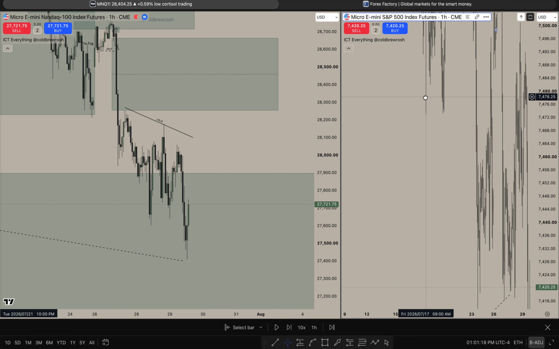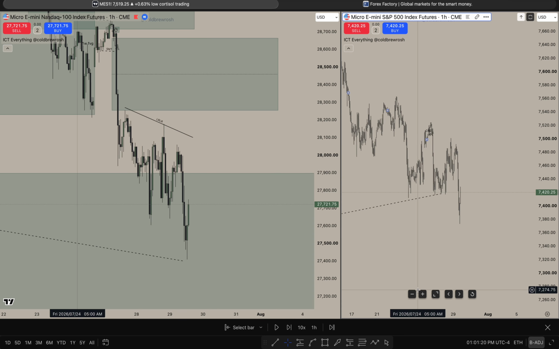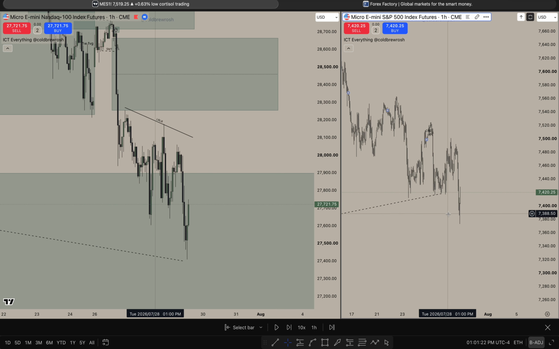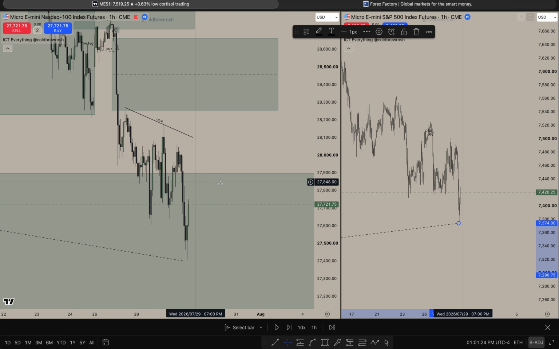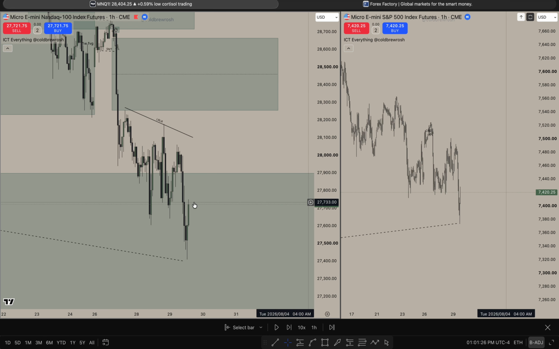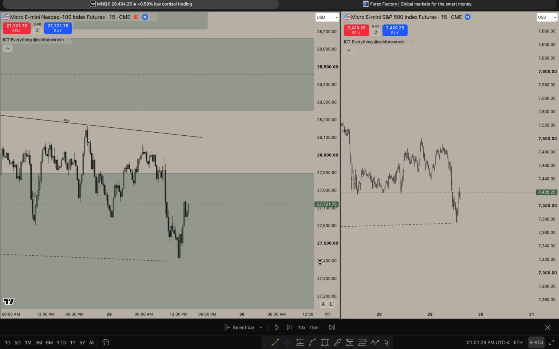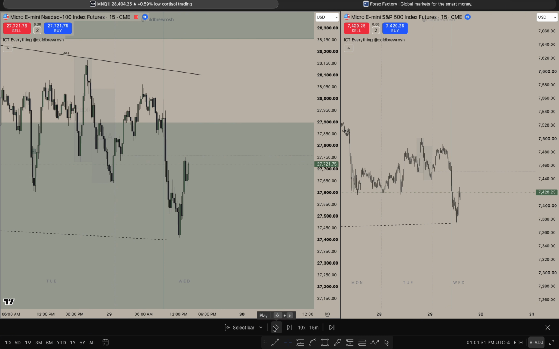So that's what I was kind of looking for in this FOMC trade, was longs. I was kind of playing with this reversal. Yeah, I already have this change of state right here. Already got internal manipulation.